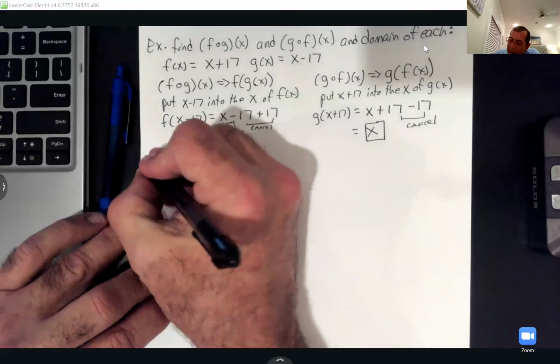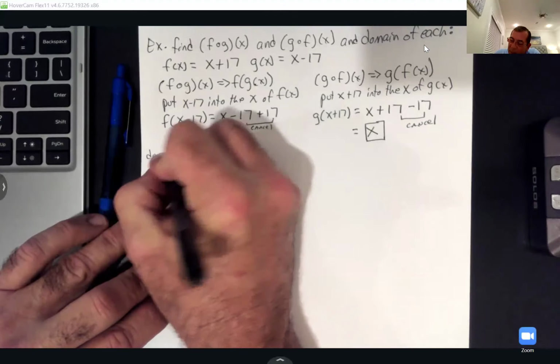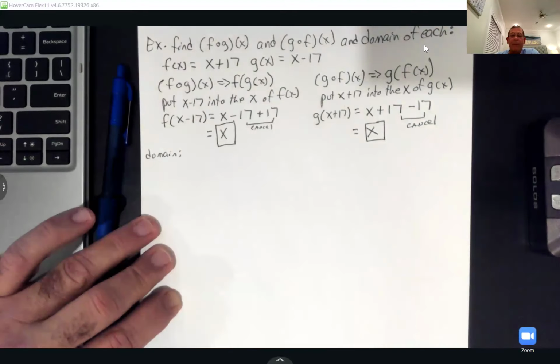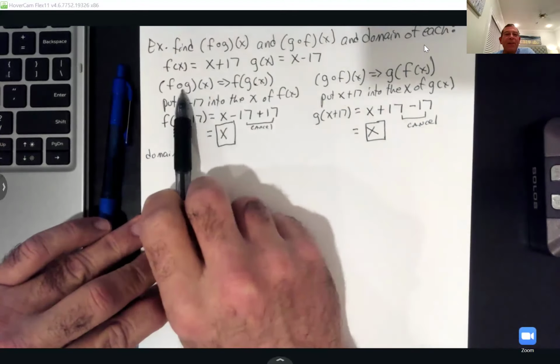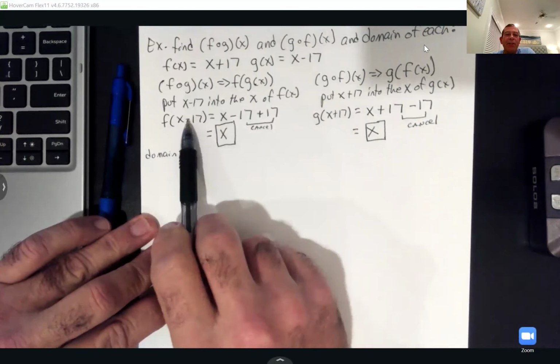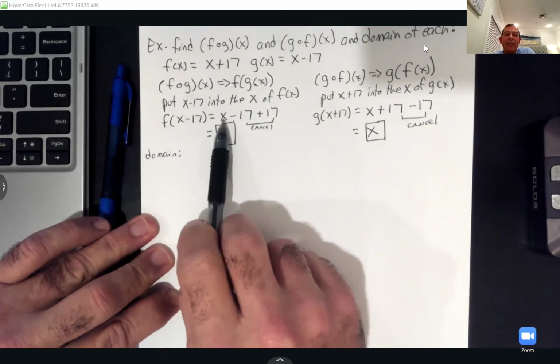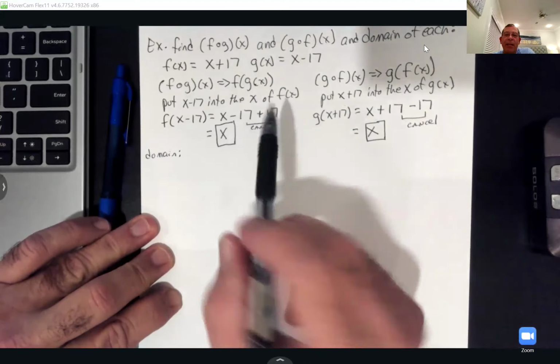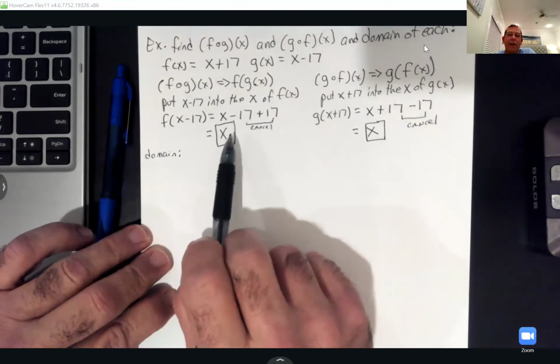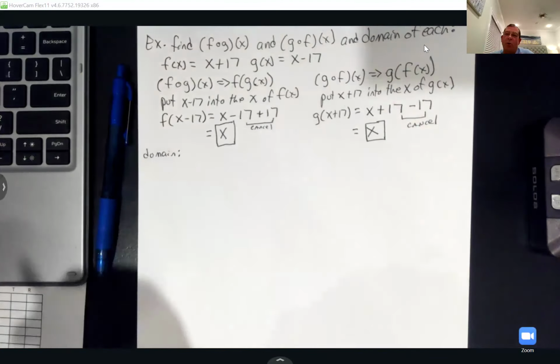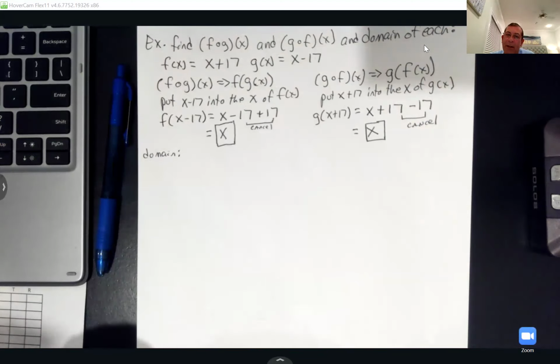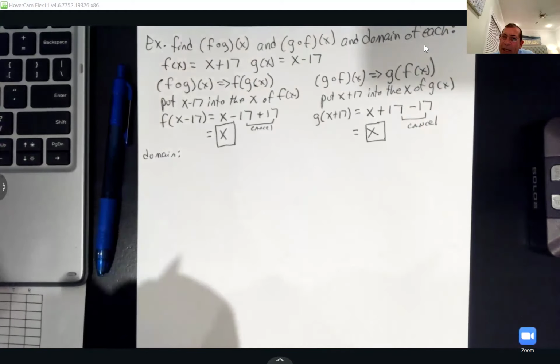So the domain. Let's see what you remember about a domain. We'll start with f of g of x. Here's my f of g of x, x minus 17 plus 17. I ended up with an x. But what's that domain? What's the one thing that I don't see in this problem?